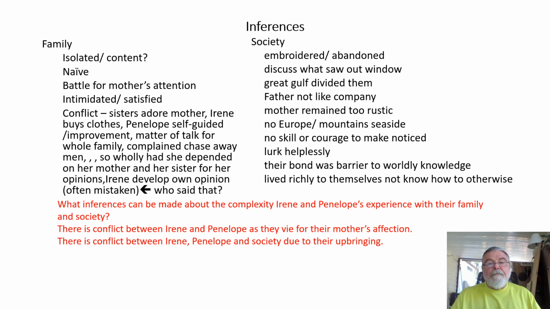They didn't go to Europe, but they did go to the mountains and the seaside. They had no skill or courage to make themselves noticed. They lurked helplessly. Their bond was a barrier to worldly knowledge. They lived richly to themselves and didn't know how to do otherwise. So these are the notes I took as I read, and I'm thinking conflict. What is the conflict between the family and society, the two girls?